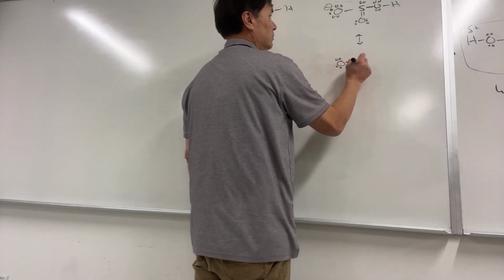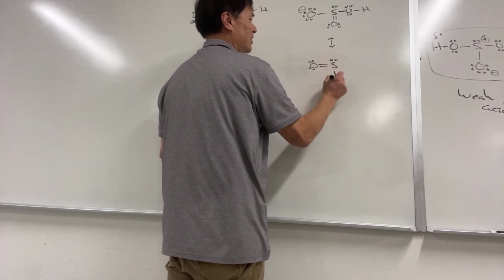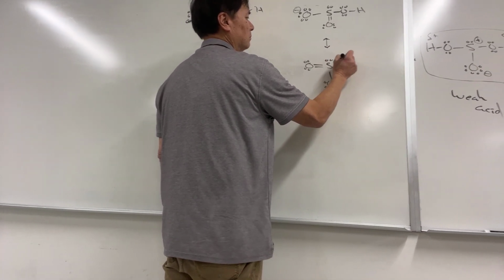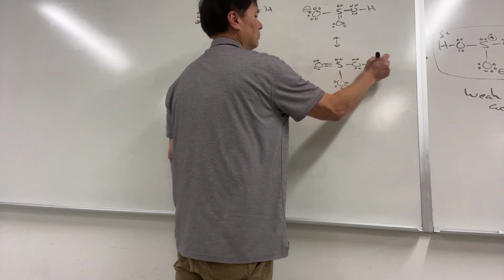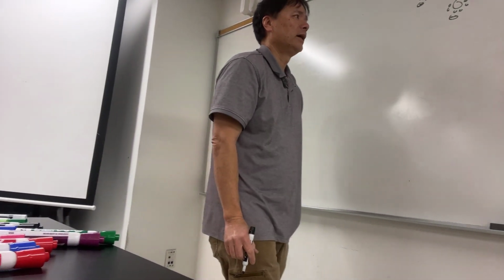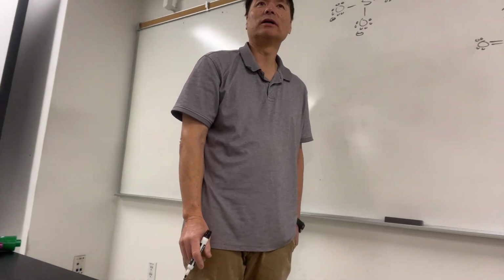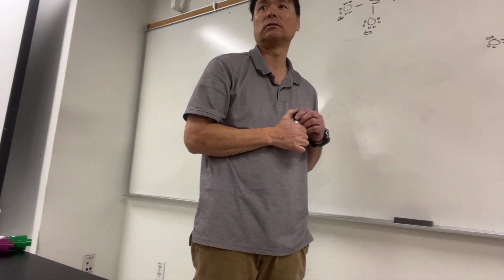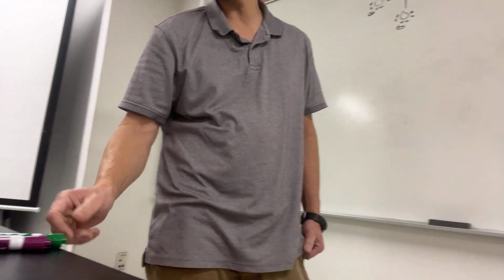So in organic, they're going to be expecting you to write down all the resonance forms. But neither resonance form is accurate. What's the most accurate representation of this structure? The resonance hybrid.